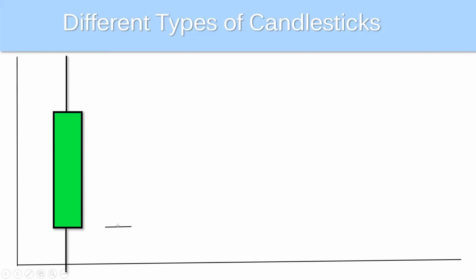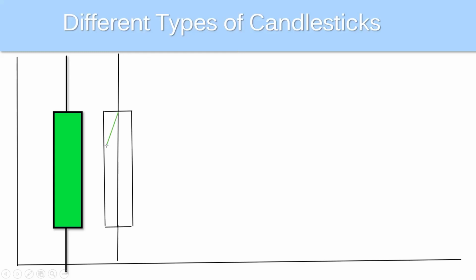Then during the day, the market price goes down, the market price goes up, and then it closes above the open. What you see here is the entire activity that took place within a certain time period, which in this case is daily. And there's the green. The green tells you that it was an up candle. All right.